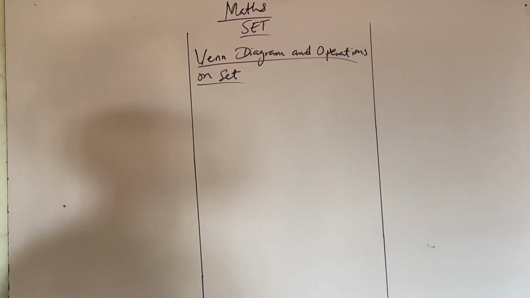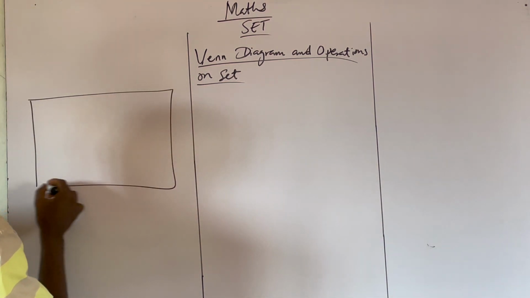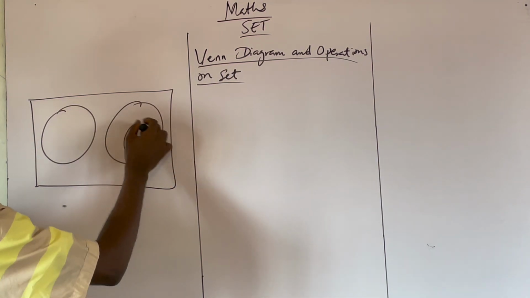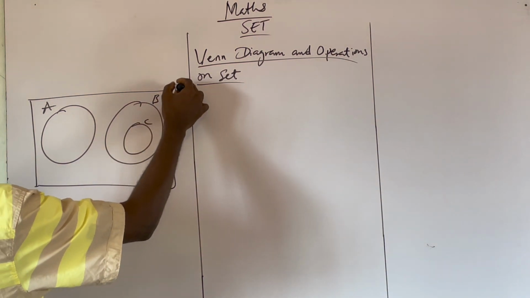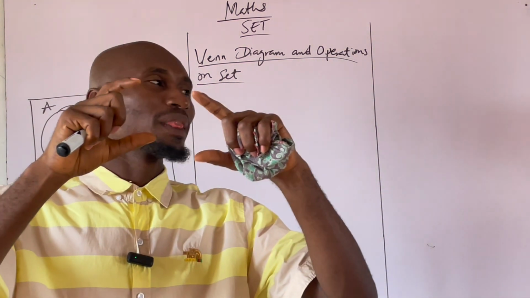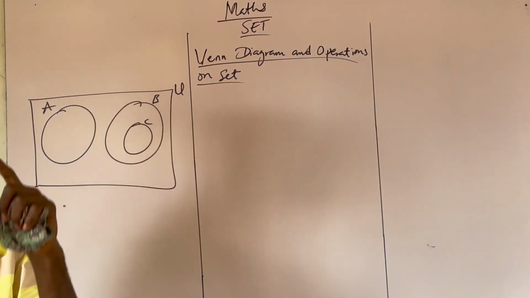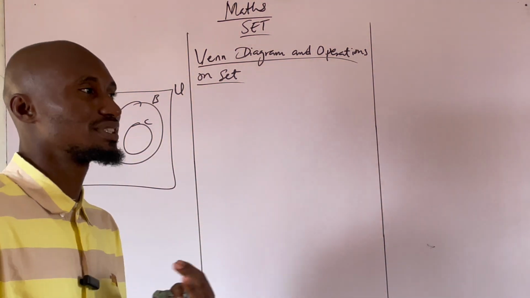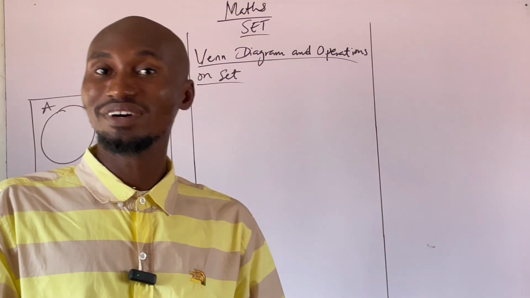If you have something like this, and we have something like this, this is A, this is B. Here could be C. Just know that with a Venn diagram, here is the universal set, and we always use a rectangle to represent the Venn diagram, and we use circles in the Venn diagram to represent either intersection, union set, complement of set, disjoint set, whatever.